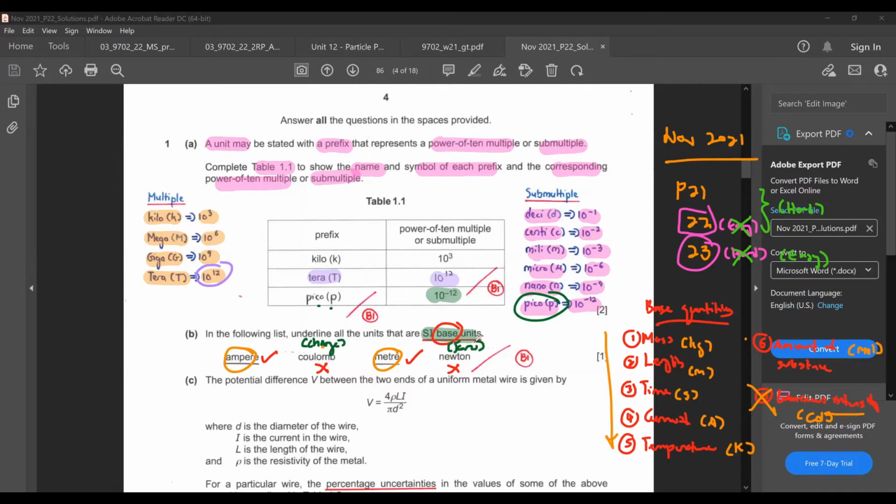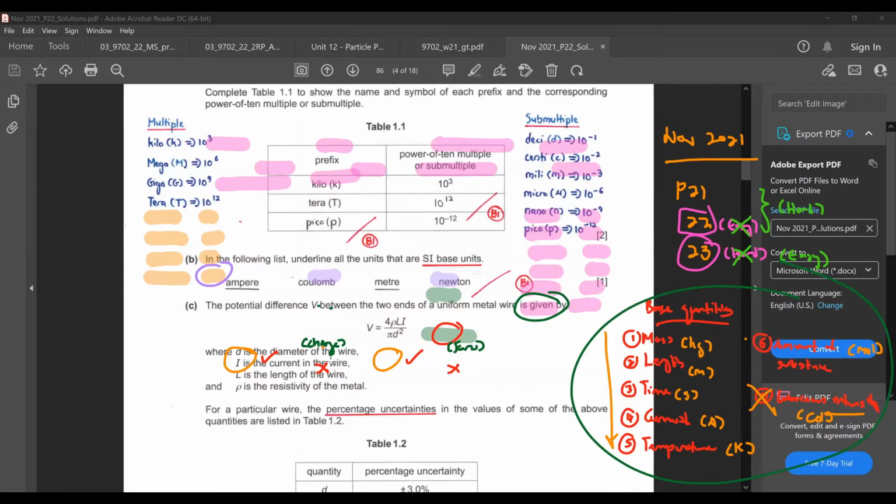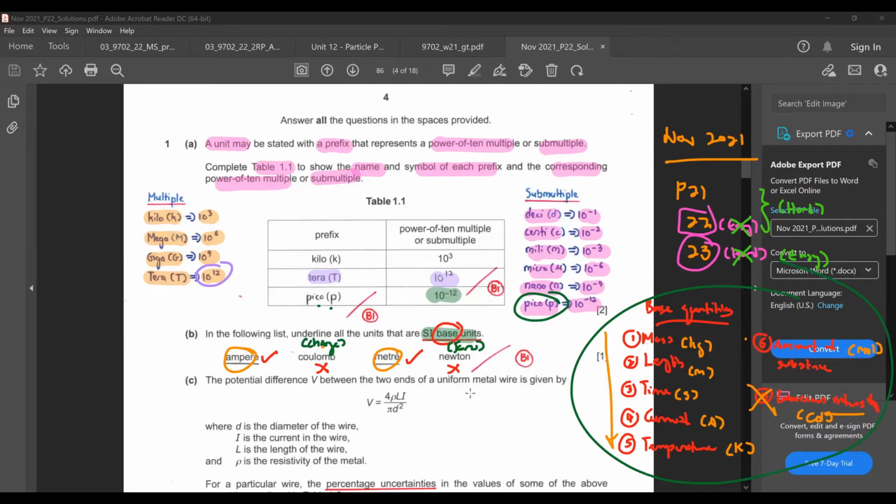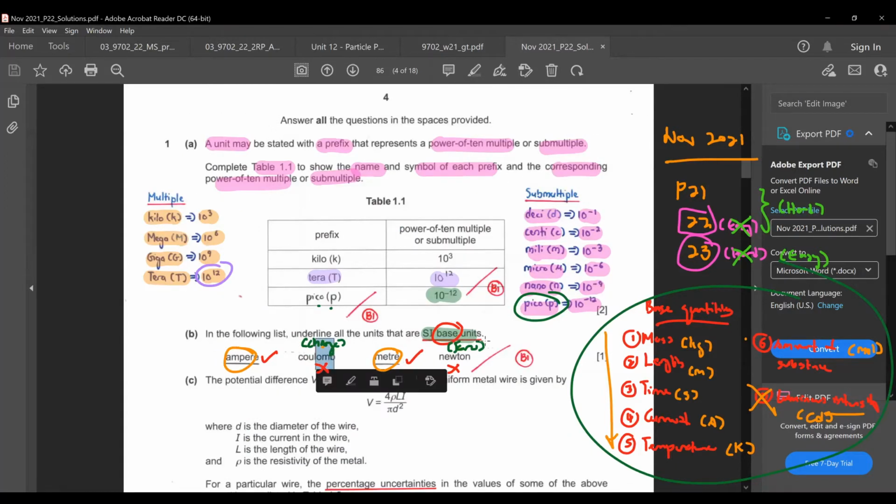These are not base quantities, and we want the base units, so the units must be for the base quantities, which are the ones that you see here. Anything other than that is not applicable. Charge is not a base quantity, force is not a base quantity, so their units are not considered to be SI base units.